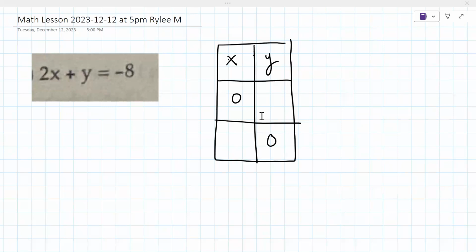Would y equal -8 and x equal -4? Good. Perfect. All right, let's have you try a slightly more challenging one here.